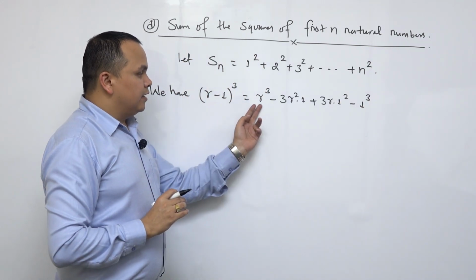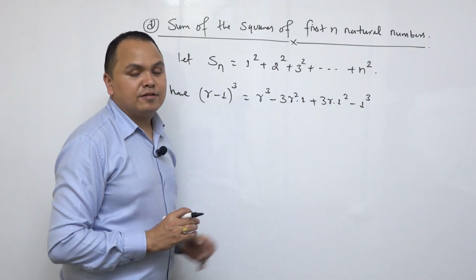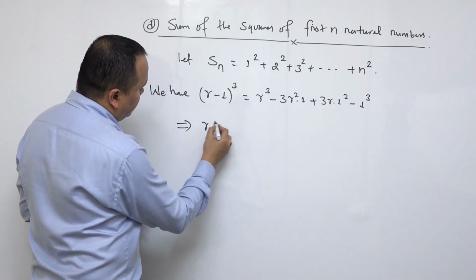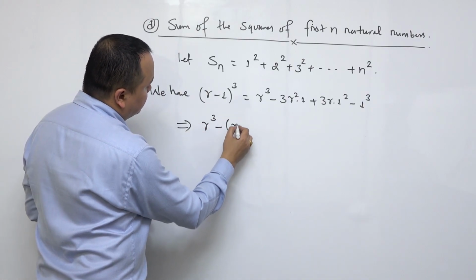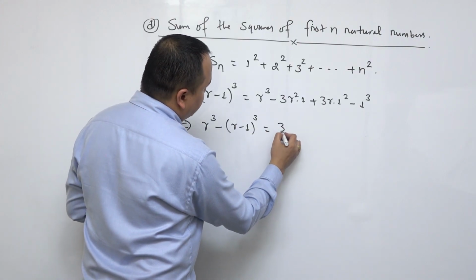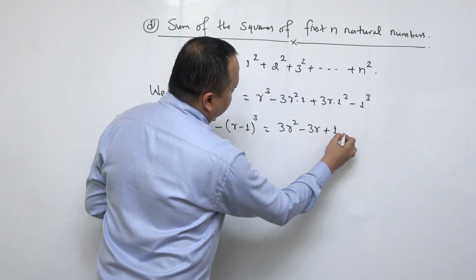A minus b whole cube is a cube minus 3a square b plus 3ab square minus b cube. This implies r cube minus r minus 1 whole cube is equal to 3r square minus 3r plus 1.